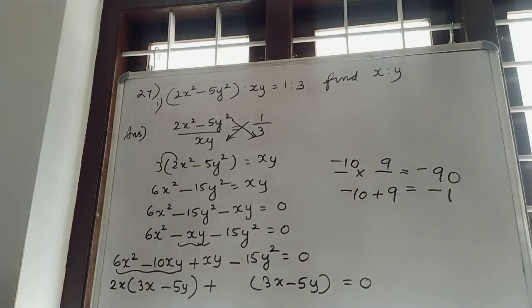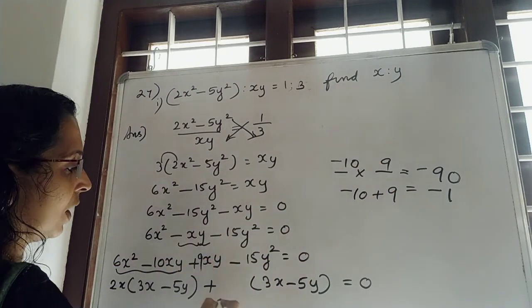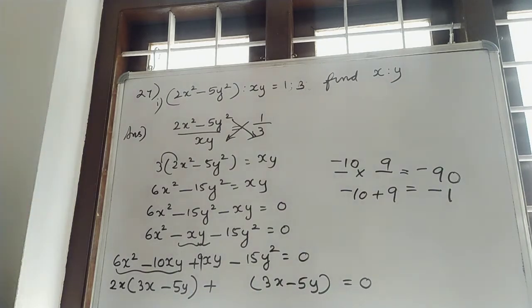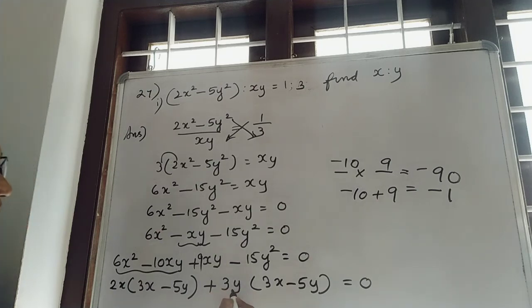So we want to get 9xy minus 15y². How can we write? Here 9xy, no? Here 3x only we have, so 3y. So 3 into 3, 9, 9xy. Then 3 into 5, 15, 15y². So next step, (3x − 5y) we can take common.